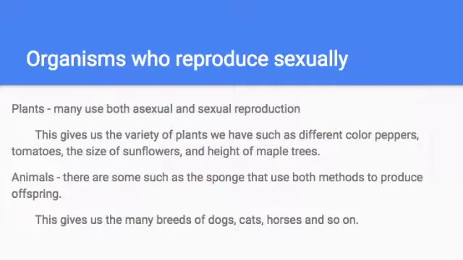The same thing for the animal kingdom. You have different breeds of dogs and cats and horses and so on, even before humans intervened in the breeding of dogs and cats and horses.